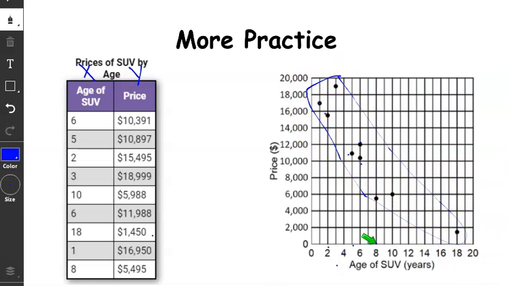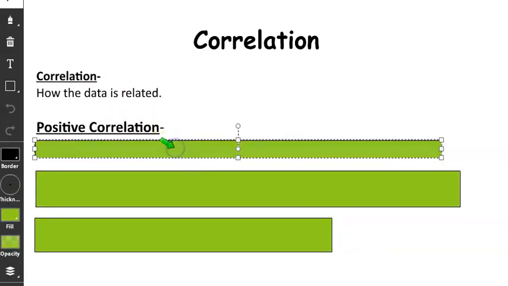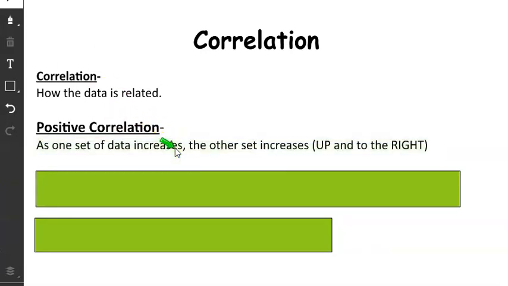So we'll be able to tell some information about that. It's not always a positive thing. This is a negative. The older the car, the less value it's going to be worth and the less money you're going to get. And that's what I've been mentioning all along, correlation, how the data is related. If it's a positive correlation, as one set of data increases, the other increases. Think of the square footage of the house.